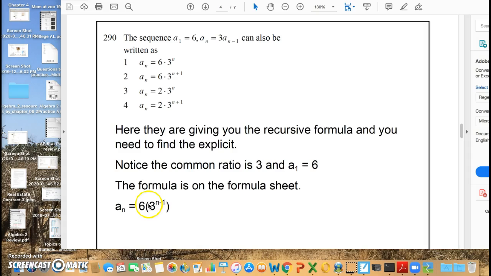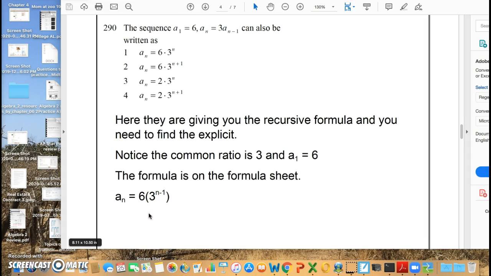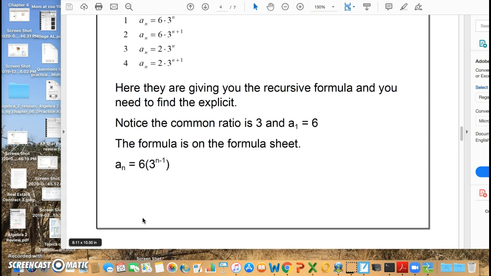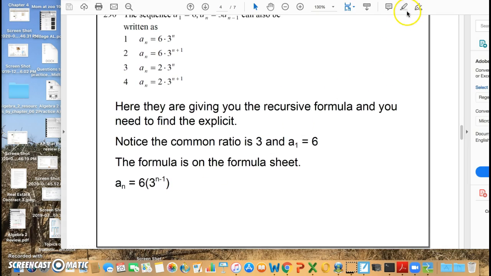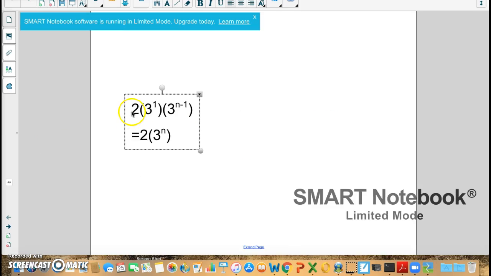Now this is a little bit off because it doesn't match anything. So what do you do? Well, you can convert 6 to 2 times 3. So I'm changing 6 to 2 times 3. And 3 can be written as 3 to the first.